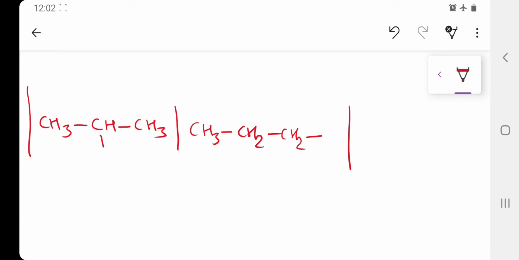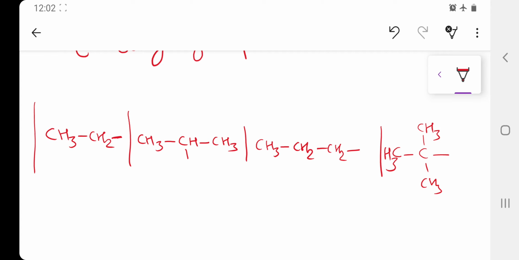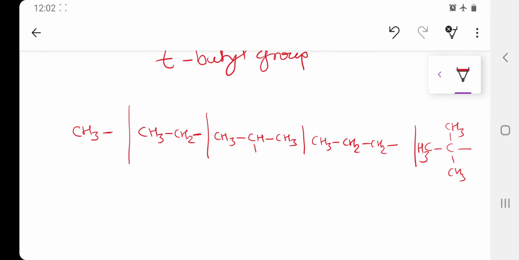And the last one is CH3 C CH3 CH3, attached to something. Then I will name them all. This one is the methyl group. I say group because it does not have all 4 carbon bonds; one bond is to something that you will understand later.